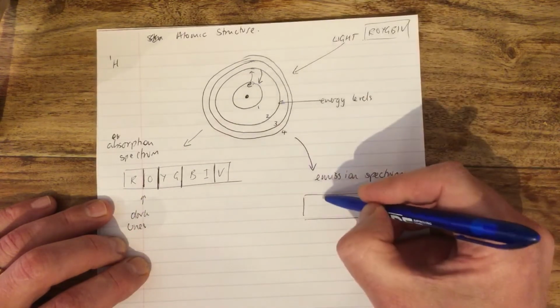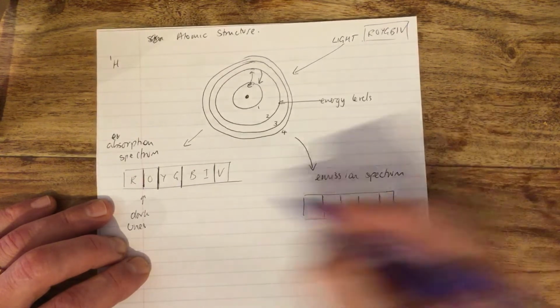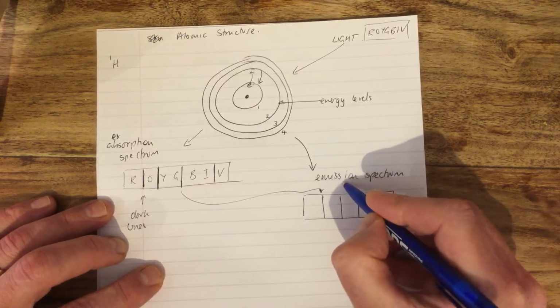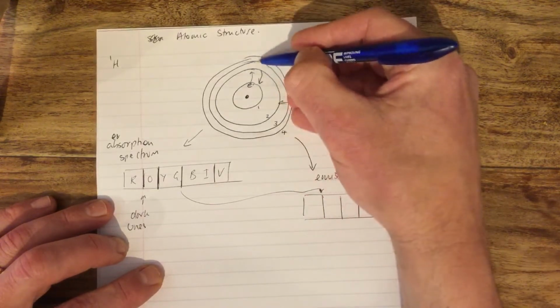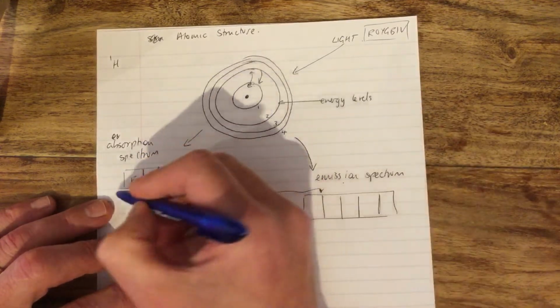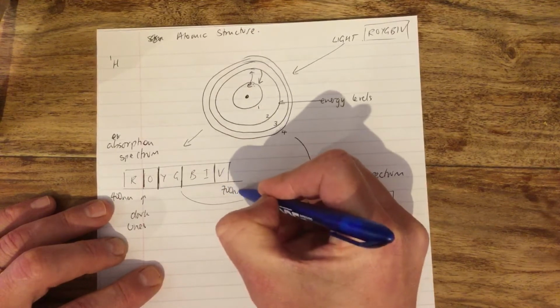What it will have, though, is lines corresponding to those lines. This is called an emission spectrum because it's the energy emitted when an electron falls back down to a ground state.